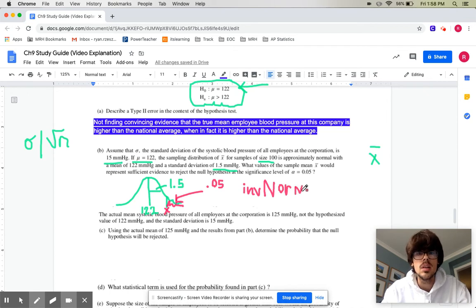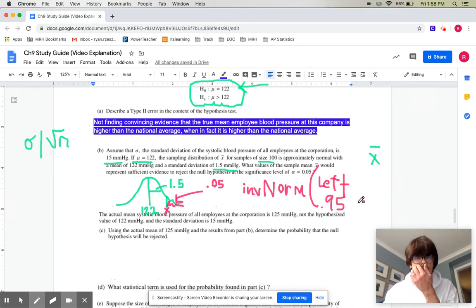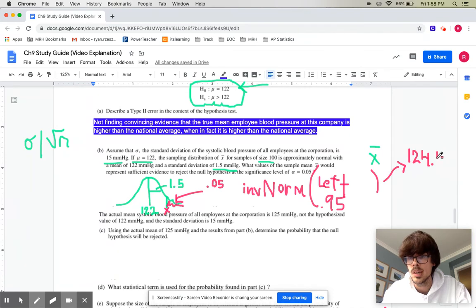So when you set this up with your inverse normal, if you're doing a left area, it's going to be 0.95 for that setup. And then you can write out the mean and the standard deviation from the problem, the 122, the 1.5. If you do that, what you end up getting is 124.47. So we have 124.47.